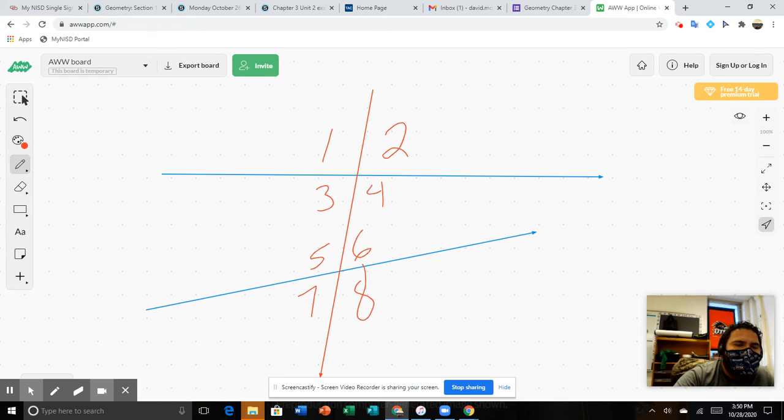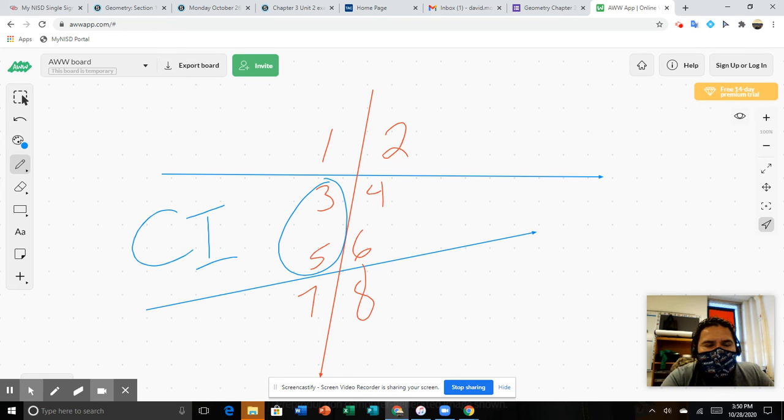These four angles are inside, and we call these angles consecutive interior angles. Angles 3 and 5 are consecutive interior angles. Angles 4 and 6 are another pair. So those are on the same side and they're on the inside.